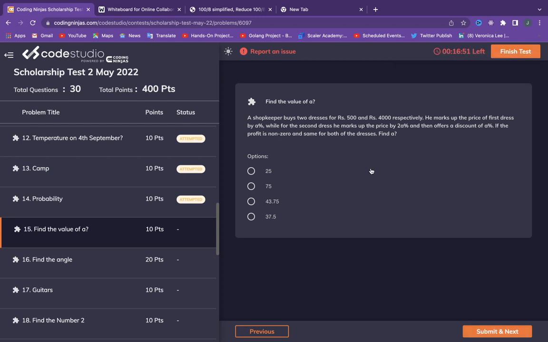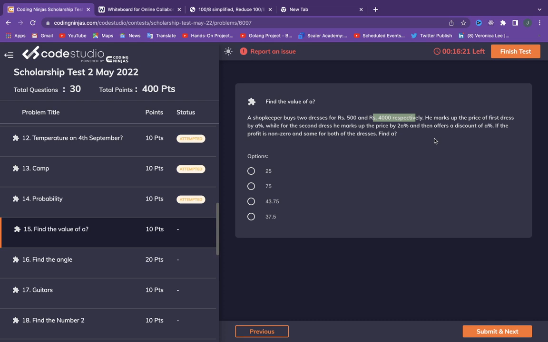Shopkeeper buys 2 dresses for 500 and 4000. Marks up the price of first dress by A%, while for the second dress he marks up the price by 2%.